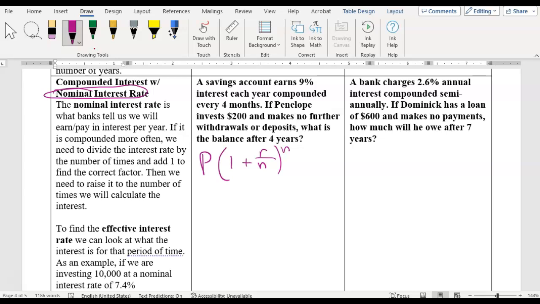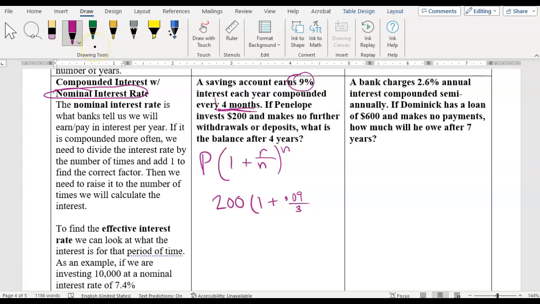So here our principal amount, our initial amount, is $200. She is going to earn 1.09 as a factor because she's earning 9% interest. It says it's being compounded every 4 months, so we have to adjust this a little bit and make it 1 plus 0.09 divided by 3, because every 4 months means 3 times a year.